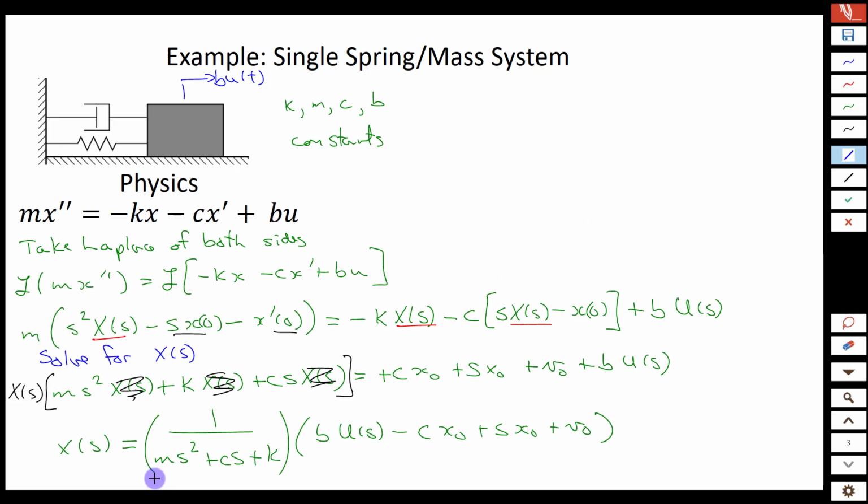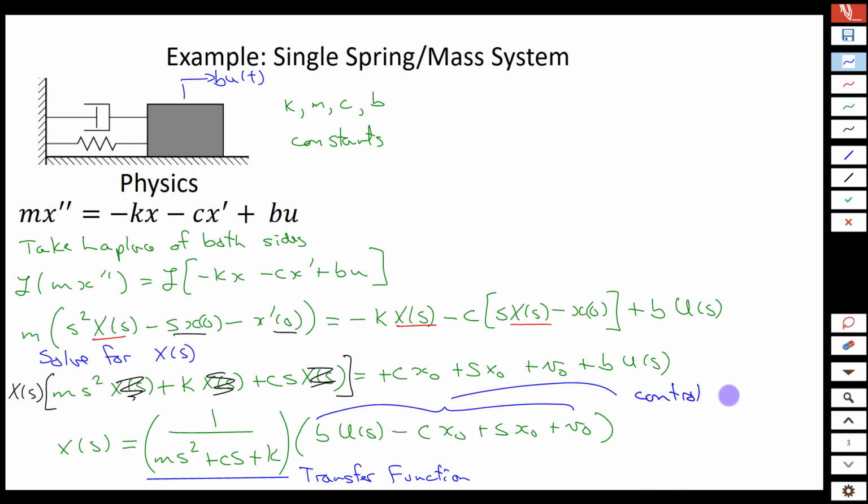So again, here we have our transfer function, and then beside that, or multiplying that, we have our control, and again, not just the initial conditions, but some function of the initial conditions, something related to them.